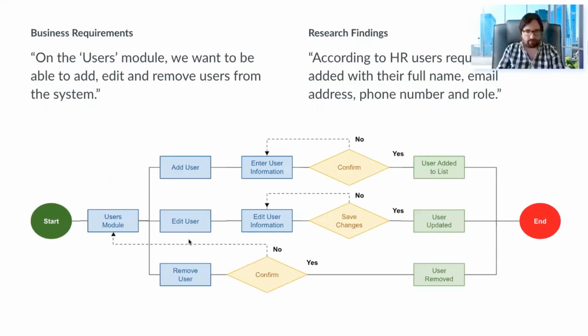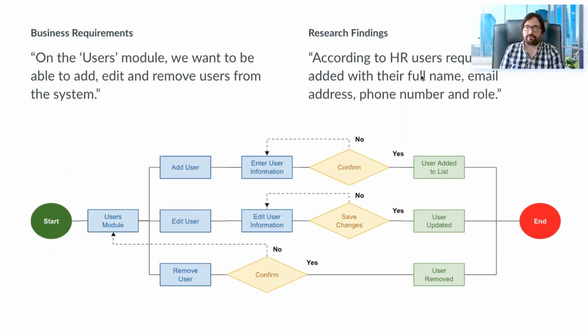So let's see another example. On the users module, let's say the client says this: on the users module of our application, we want to be able to add, edit, and remove users from the system. The research finding told us that according to HR, users require being added with their full name, email, address, phone number, and role.